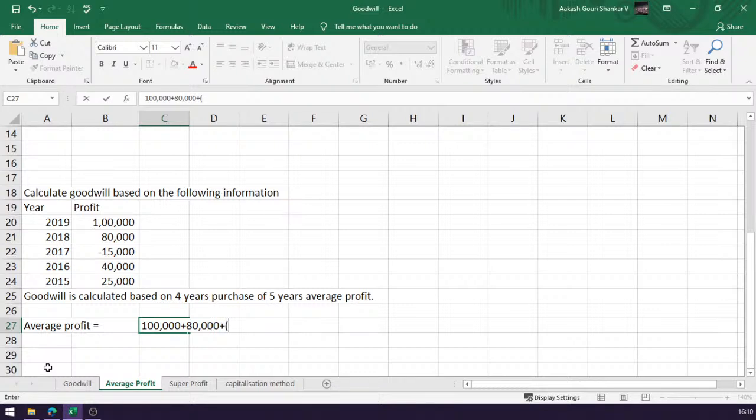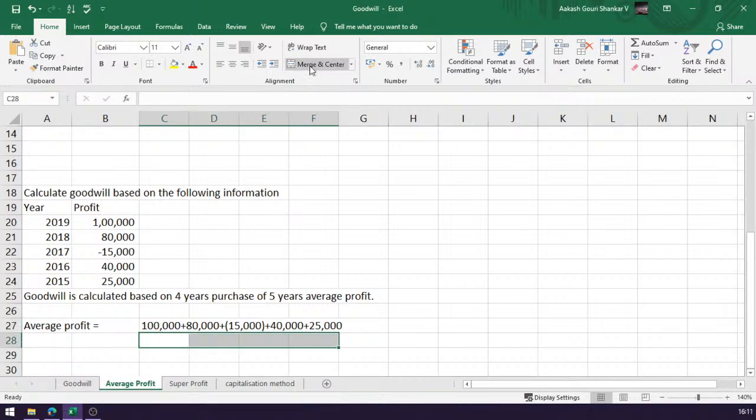Actually, there is a loss, so we have to subtract that loss: minus 15,000, plus 40,000, plus 25,000. The total number of years is 5, so we have to divide the entire thing by 5.